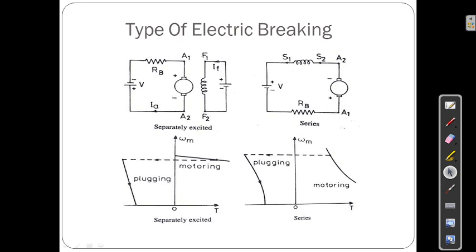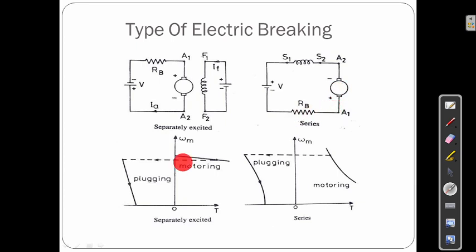This is the circuit of the braking. We can see here the separately excited one, and this is the series one. Here the voltage is connected with the resistor, then connected to the armature, and the external field is connected for the separately excited motor. Here the coil is in series with the motor as well as the resistance.